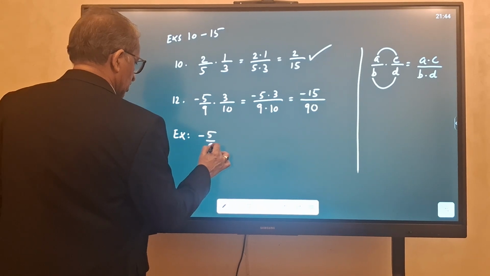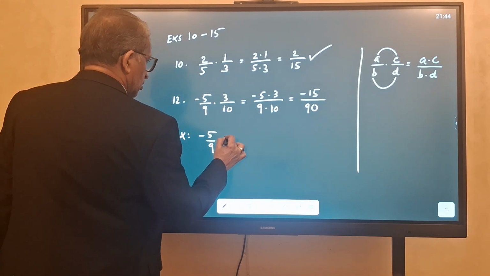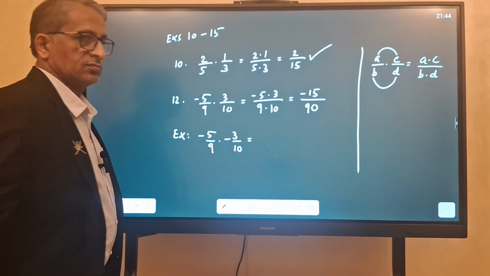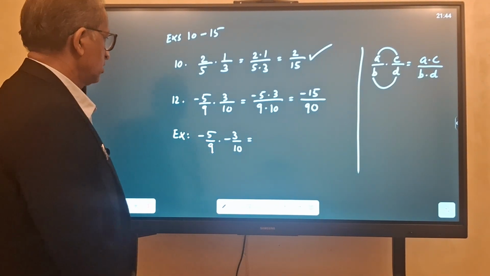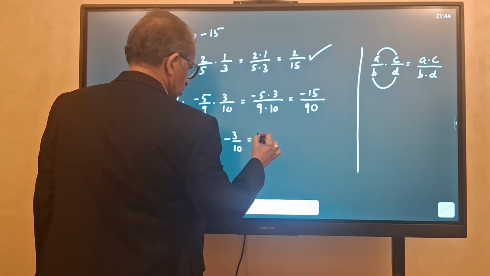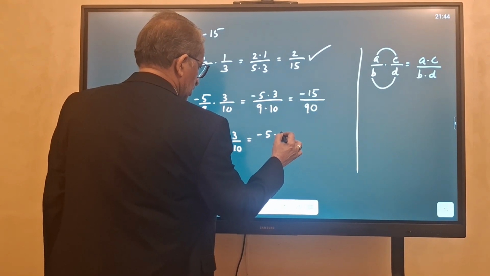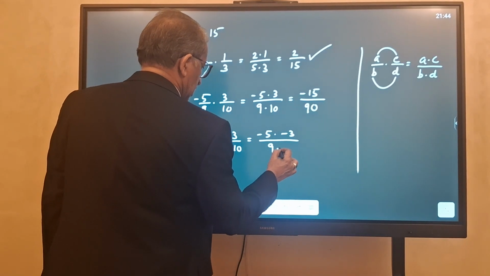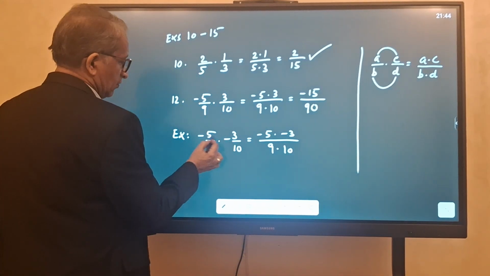Minus 5 by 9 into minus 3 by 10. So how do we do this? Here we had one minus, but here we have two minuses. No issue. So minus 5 into minus 3 divided by 9 into 10. Look at it, we have two minuses.